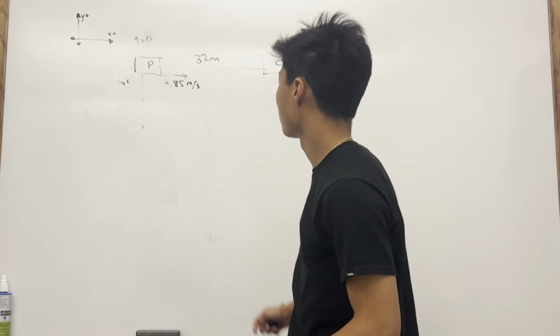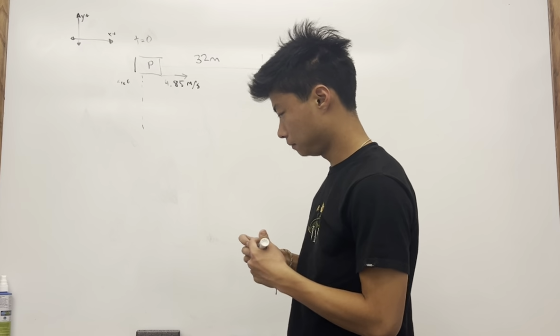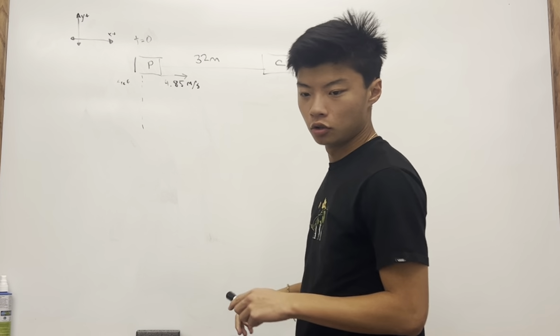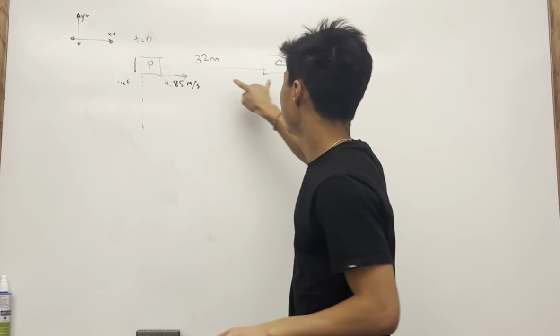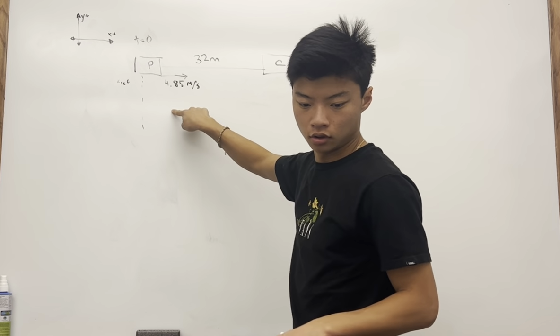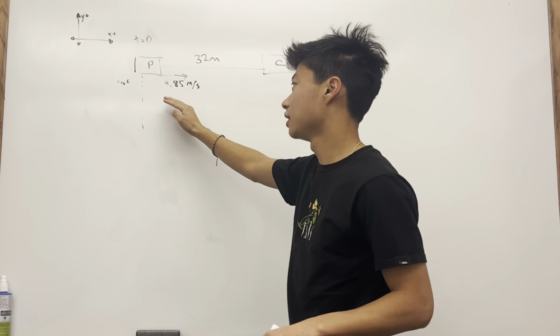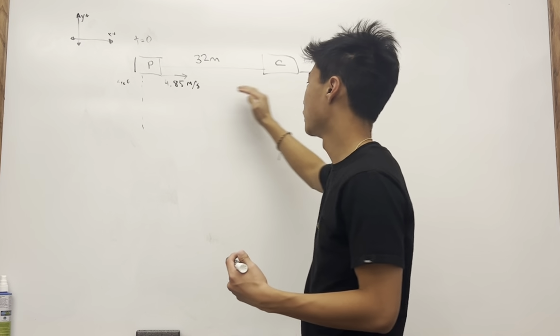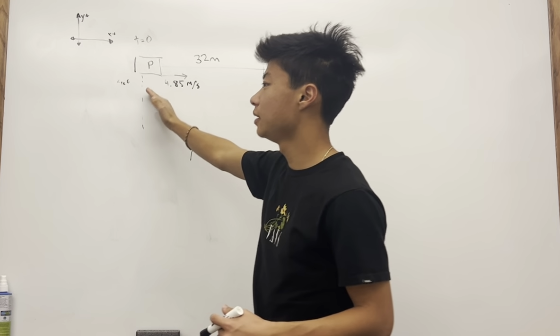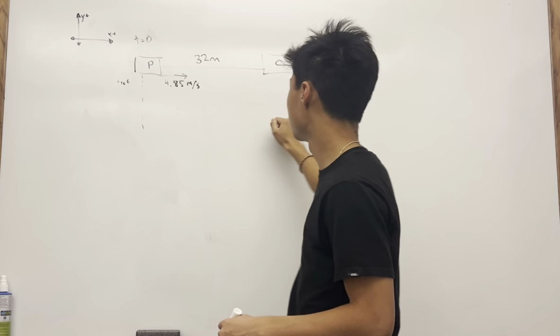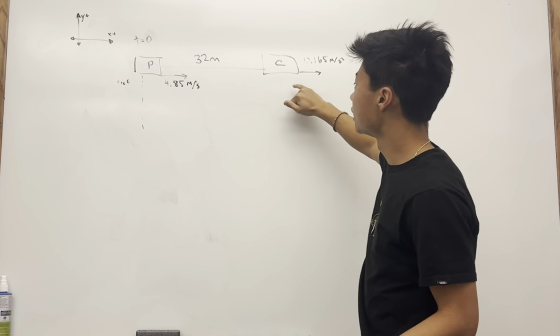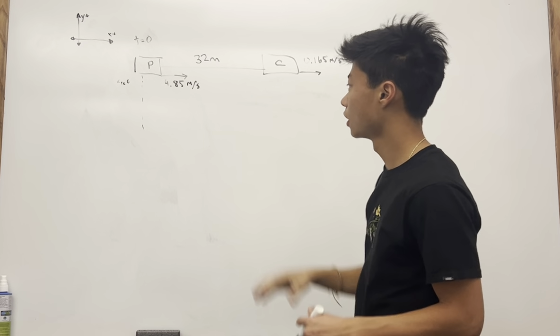So, first, we want to find where these two are going to be at the same x reference, or at the same x value, which means the same distance from this x reference, which is the same thing as saying when are they next to each other.